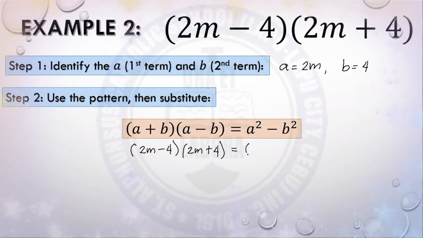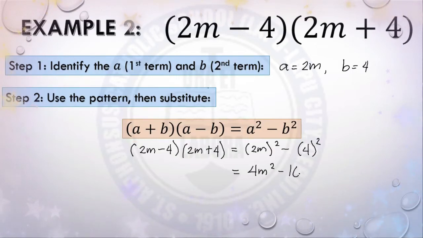Then substitute 2m squared minus 4 squared. What do you think is the final answer? If your final answer is 4m squared minus 16, then very good, you're correct. And always box your final answer.